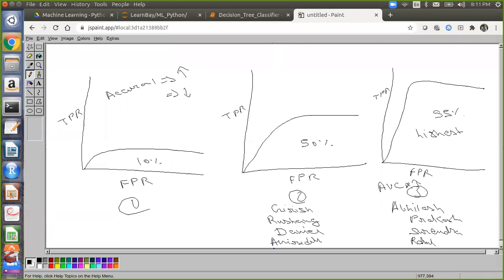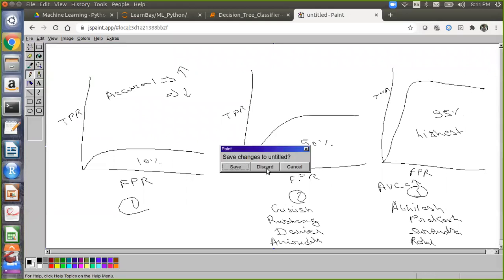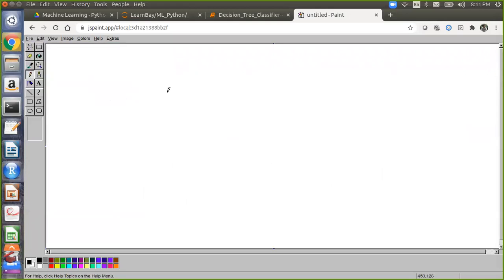Now, what is the difference between confusion matrix and area under the curve? This we need to understand now. A lot of concepts you will understand now. There are two things, confusion matrix and AUC. So what is confusion matrix, guys? A matrix between predicted and actual values.